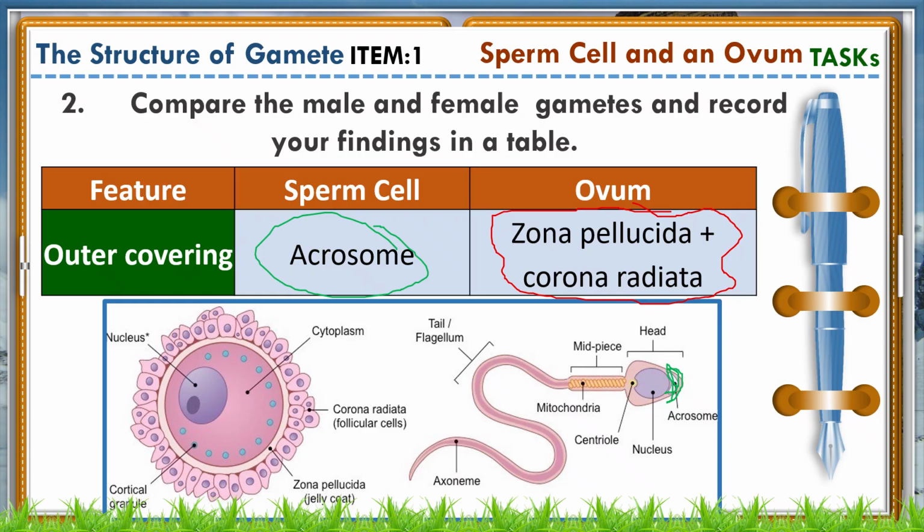The zona pellucida is the one inside, and then you have the corona radiata made up of the follicle cells outside. Those are the outer covering layers.